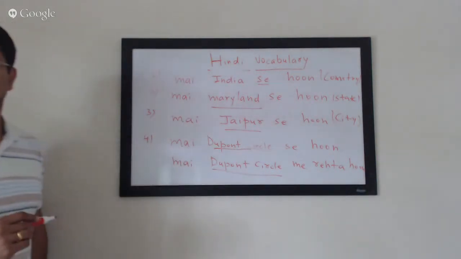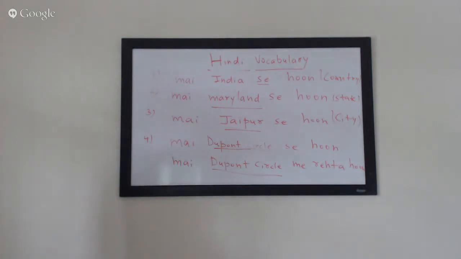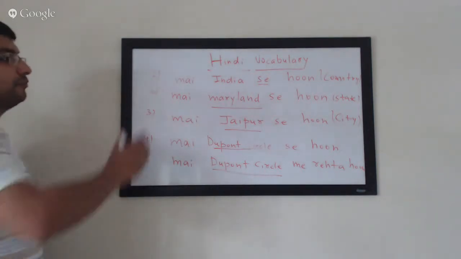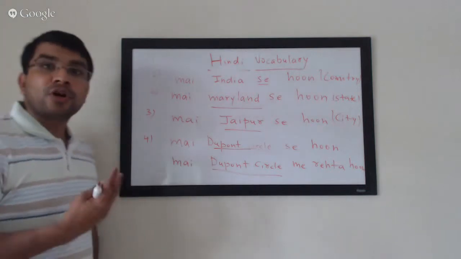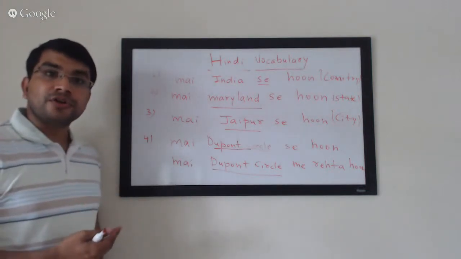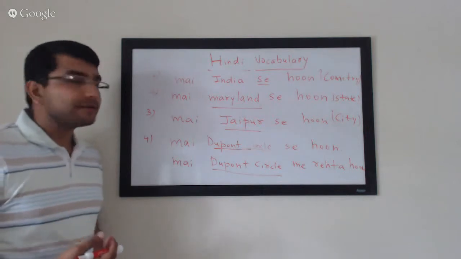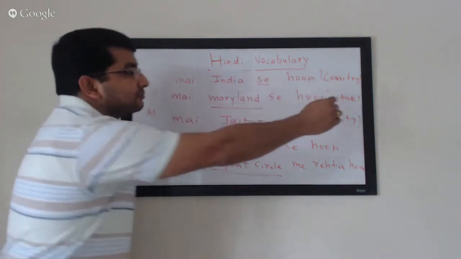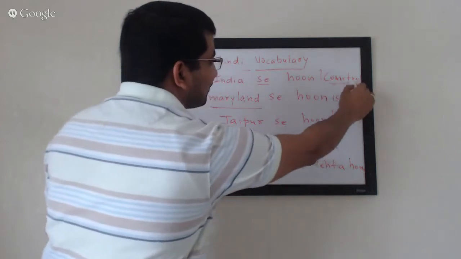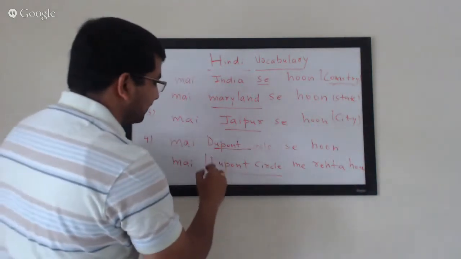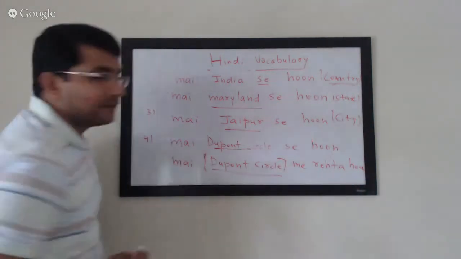DuPont Circle में रहता हूँ, I live in this area, right? So I hope by now, with the help of these demographic keywords that we have learned, you should be able to carry a good conversation with anyone, from the country level to the very specific area where you are from.